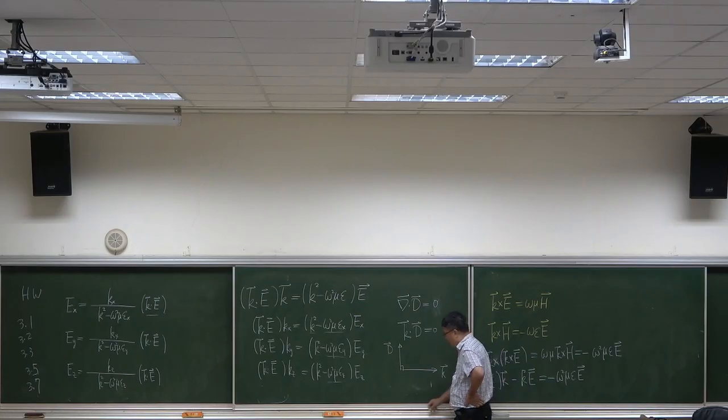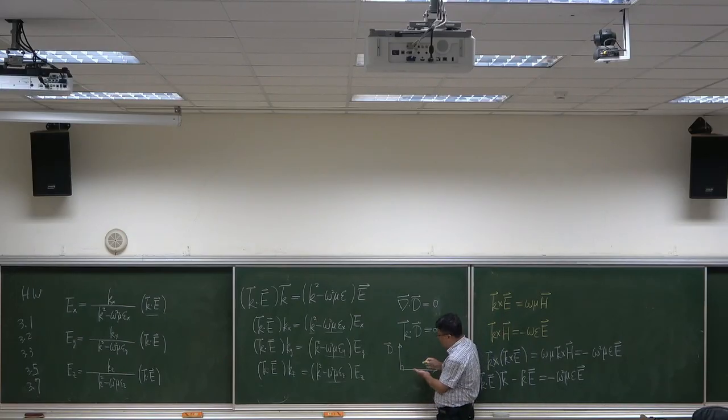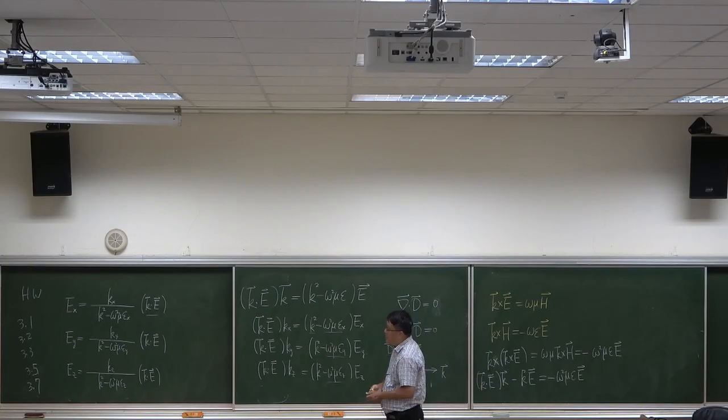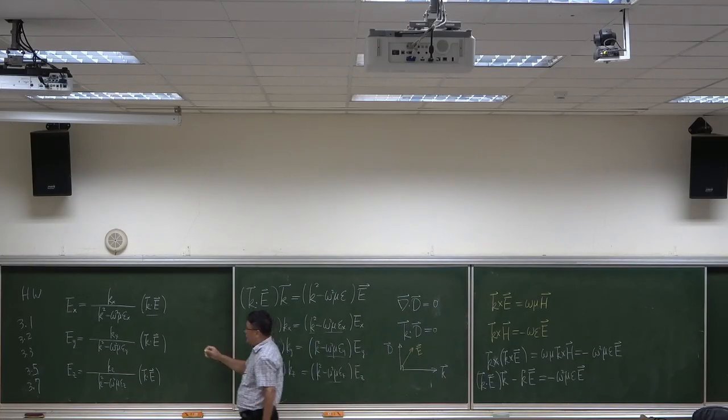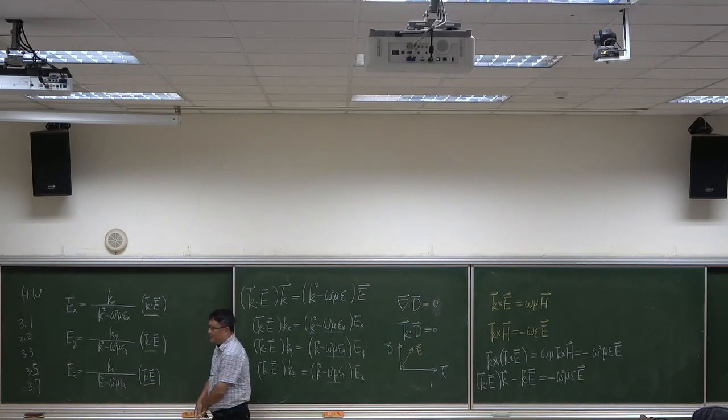However, as I have already explained before, for an arbitrary propagation direction, in general, E vector and D vector are not parallel to each other. So, in general, K dot E is not equal to 0. Okay?